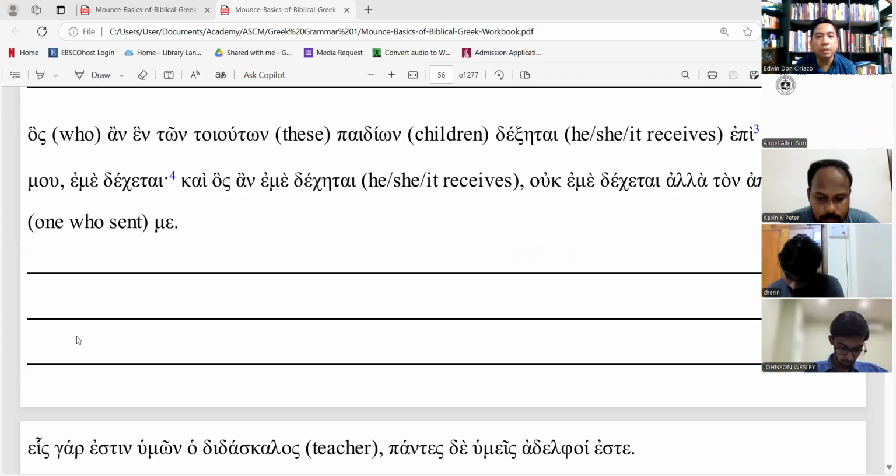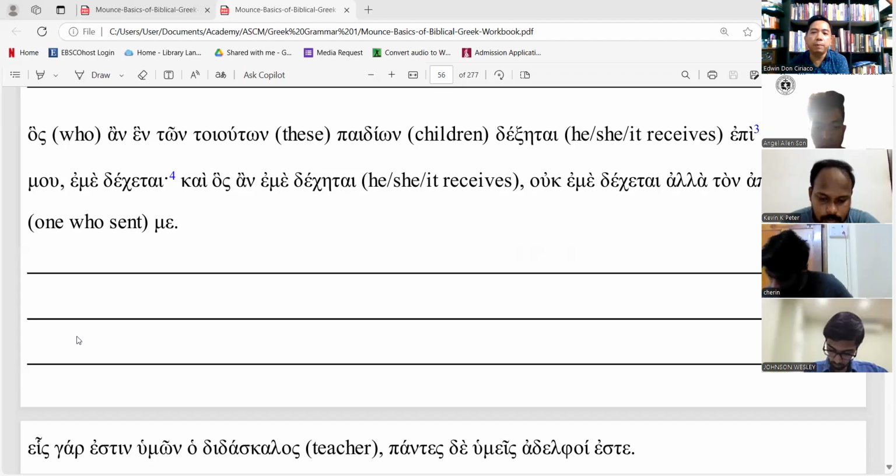Okay. Whoever receives ton toyoton paidion, whoever receives these children in my name, okay? Epito onomatimo, in my name, he or she receives me. Or you can simply say receives me. Kai hosan, so you see again the hosan, whoever, and whoever receives me, so there is the use of the ok, which is not.